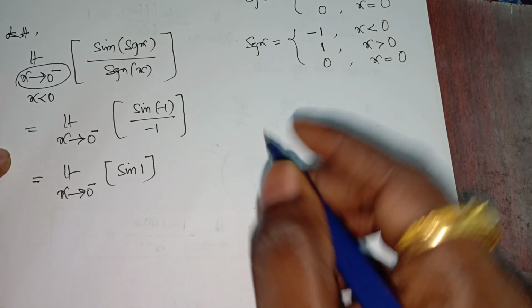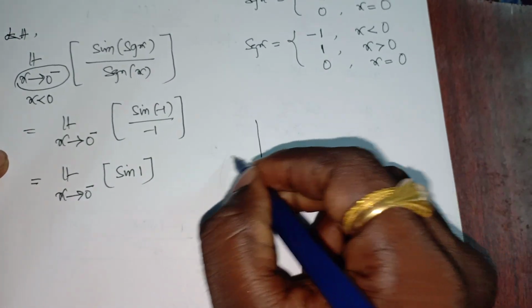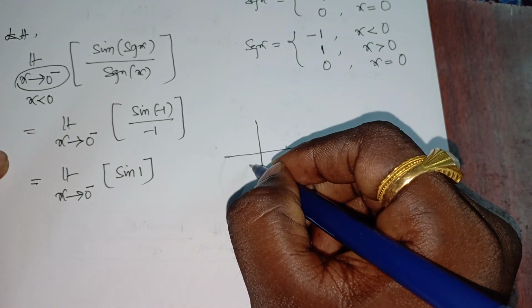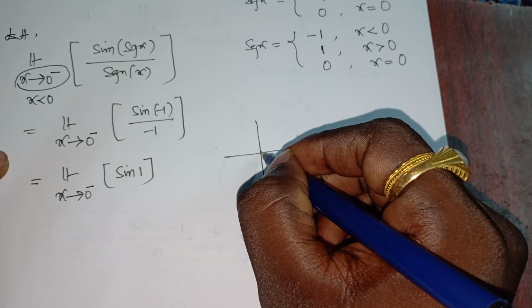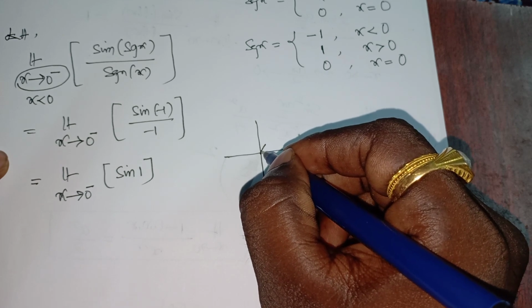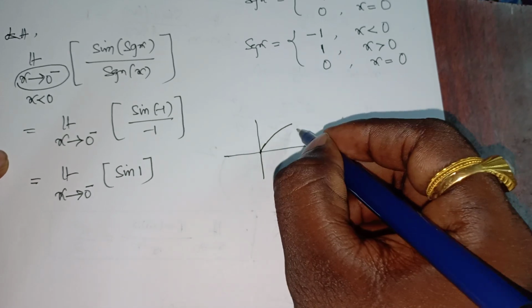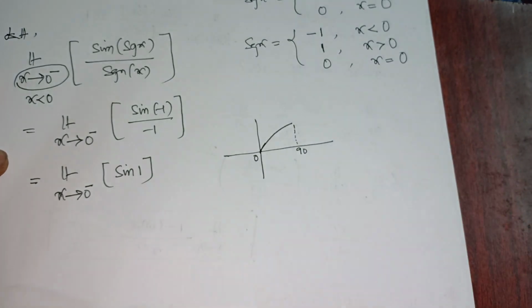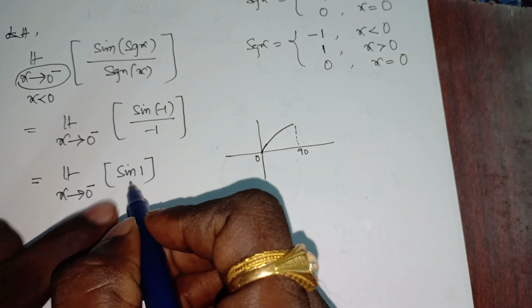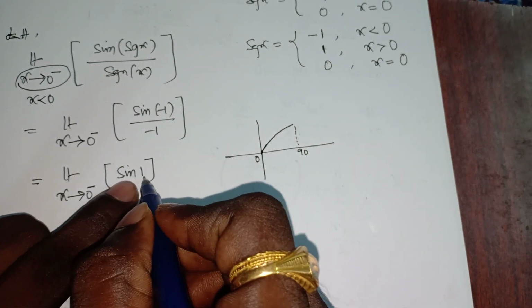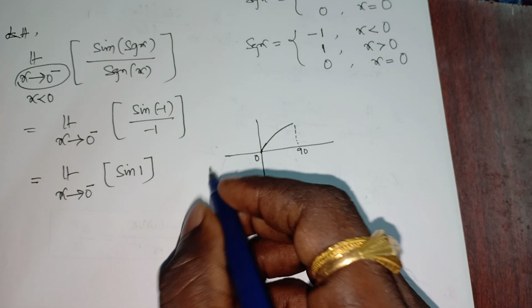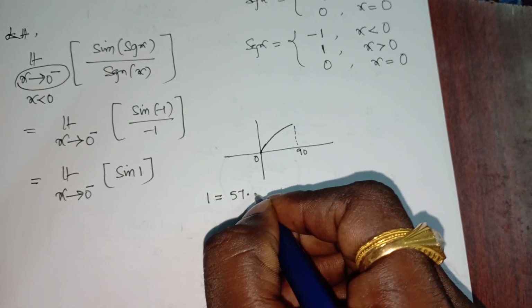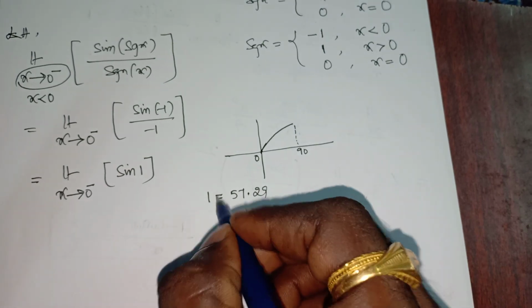So we all know the graph of sin x. It is increasing like this, 0 to 90. So here sine 1 radian. What is 1 radian in terms of degrees? That is 57.29 something.